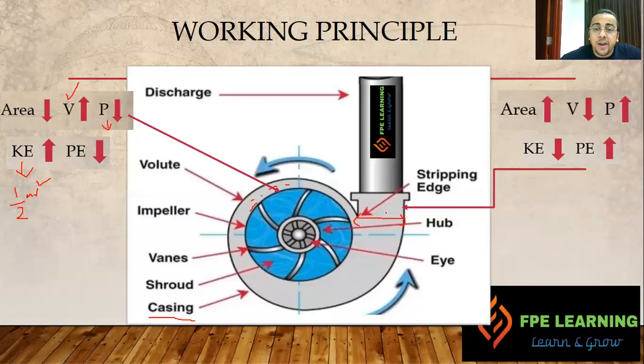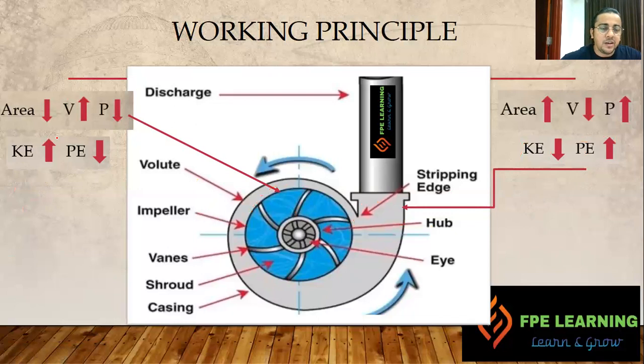So at the outlet of the pump we have high potential energy and low kinetic energy. How does it happen? We can see at the outlet the area is much higher than the inlet, right? And we know that when we have a higher diameter pipe, we have less velocity and high pressure, right?